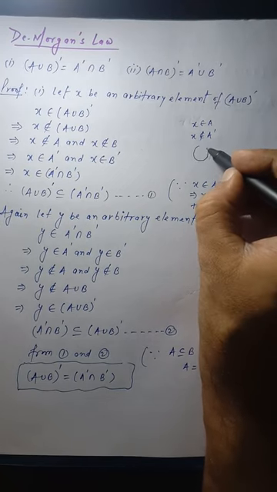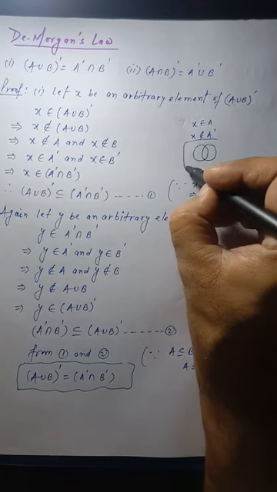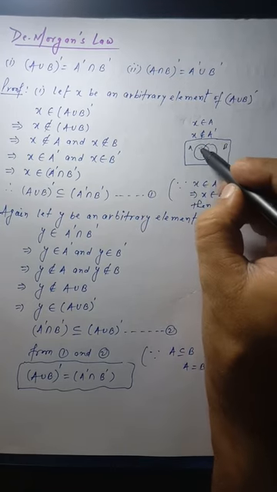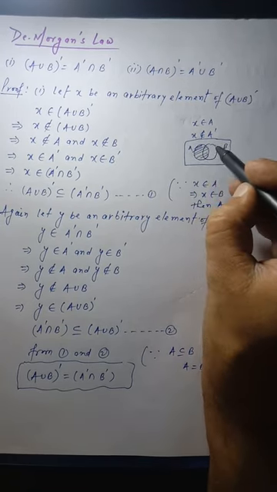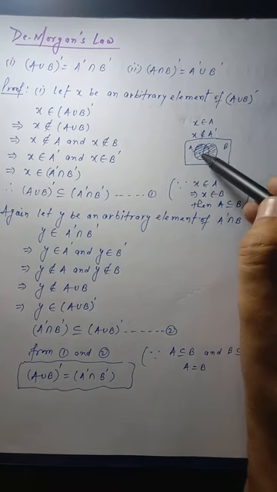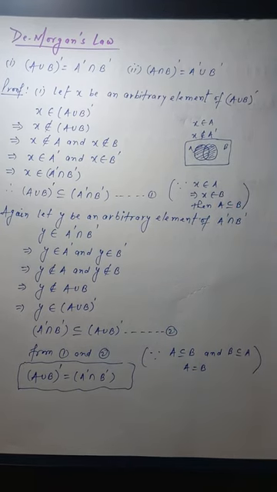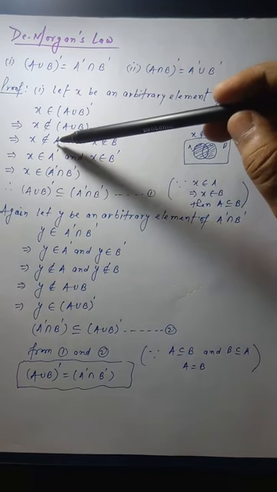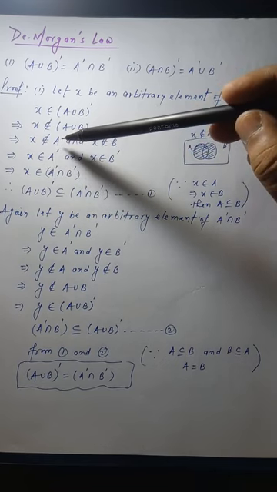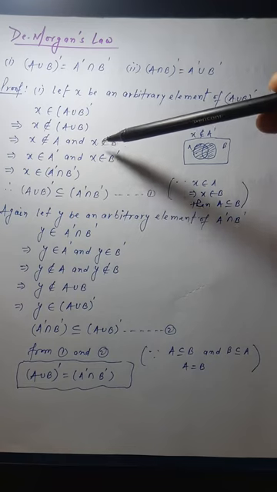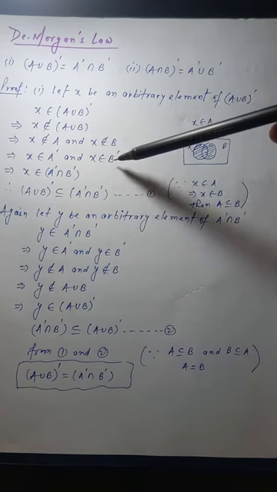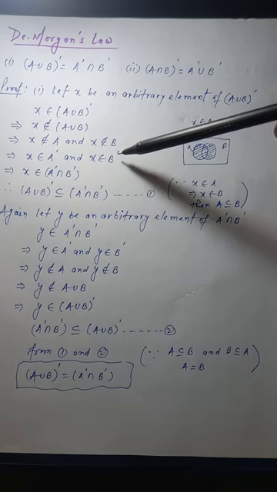Because this is A union B. So this rectangle is the universal set, this is A, this is B, so the whole portion is A union B. When x is not present in A union B, it means x is not present in A as well as in B. If x is not present in A, it means x is present in A dash. Similarly, when x is not present in B, it will belong to B dash.